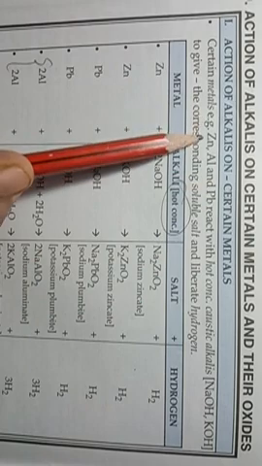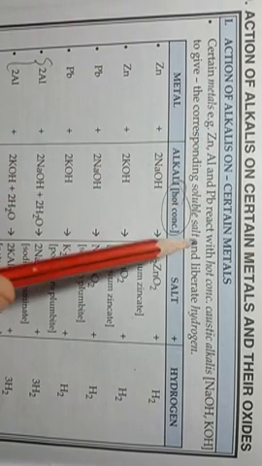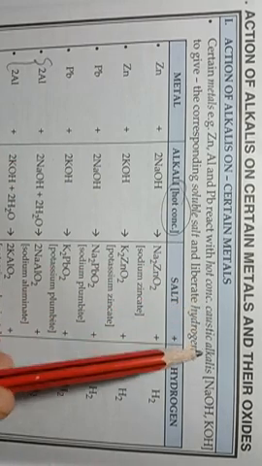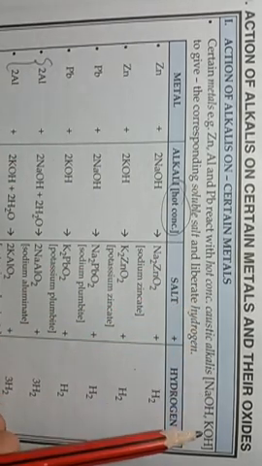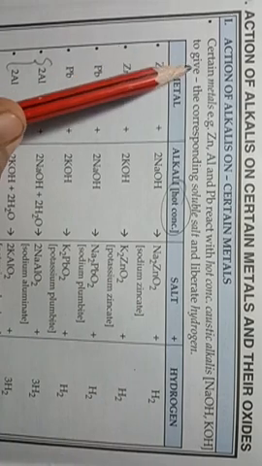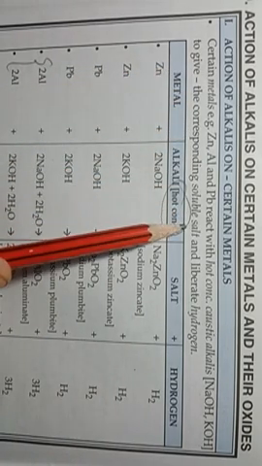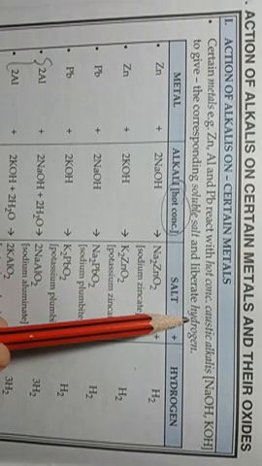Certain metals like zinc, aluminium and lead react with hot concentrated caustic alkalis like sodium hydroxide and potassium hydroxide to give the corresponding soluble salt and liberate hydrogen.